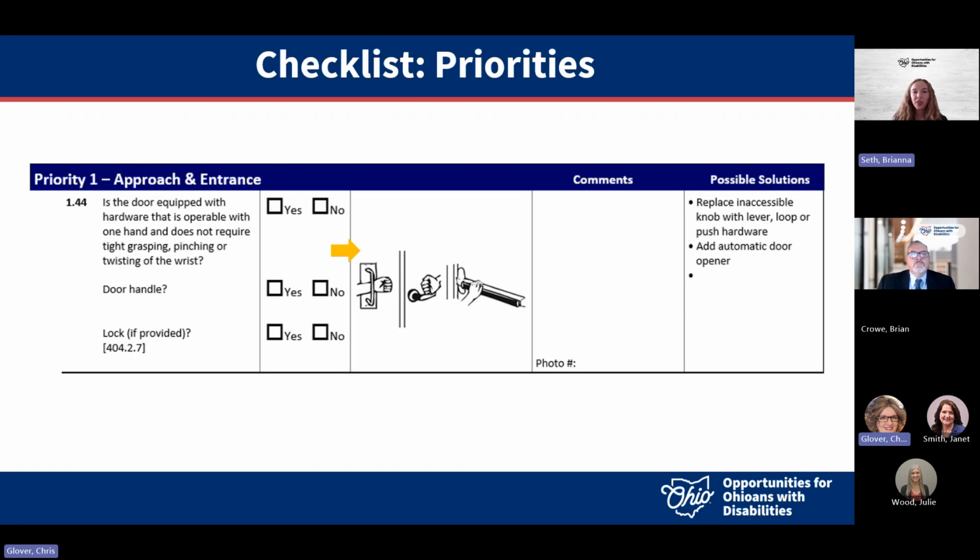The team can record the information they gather, like measurements or comments, in the checklist and track photos taken of the entrances being evaluated. Brianna, let's say the business identified their main entrance and conference room doors as having barriers to accessibility, such as width and hardware.